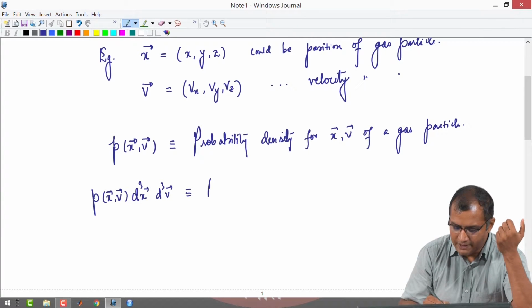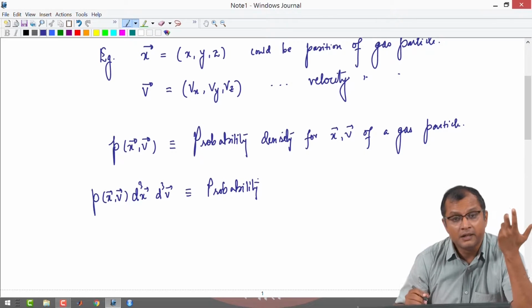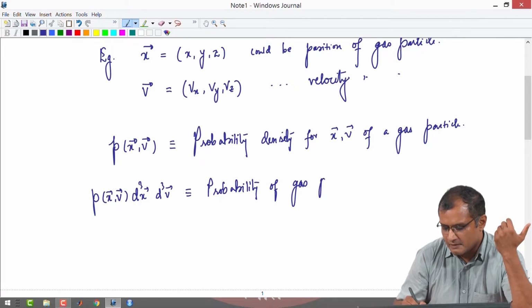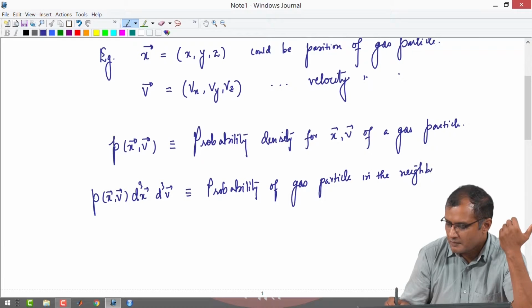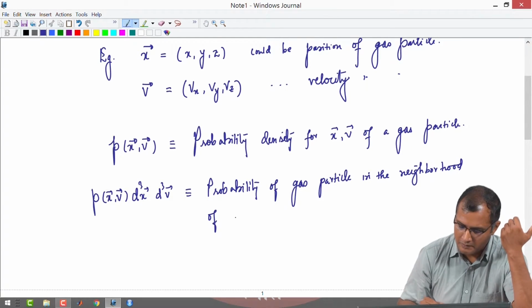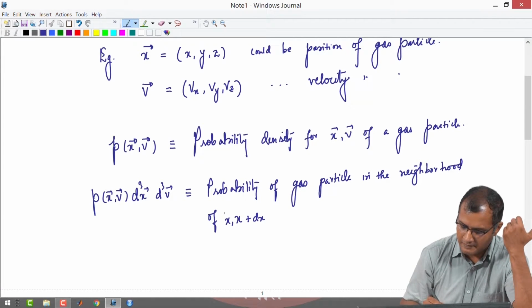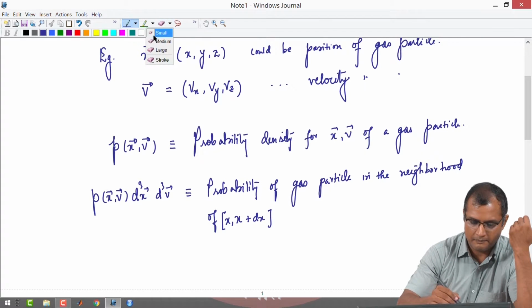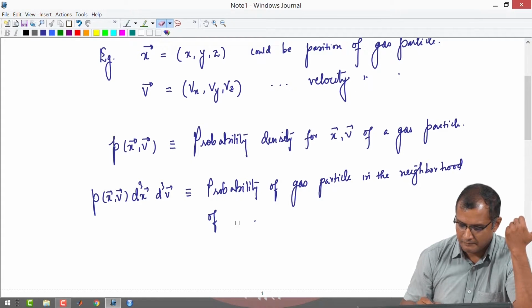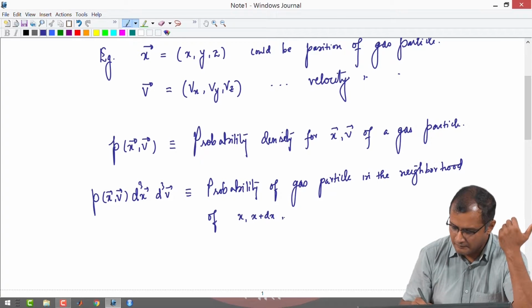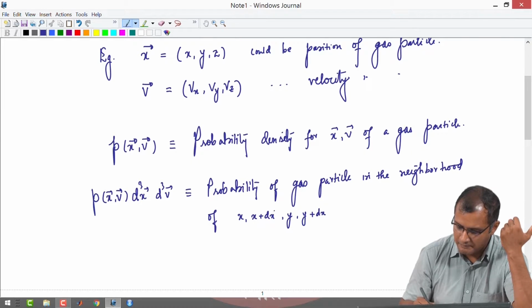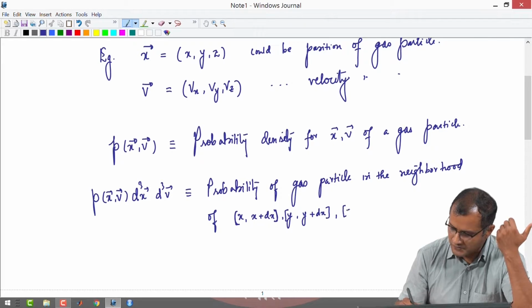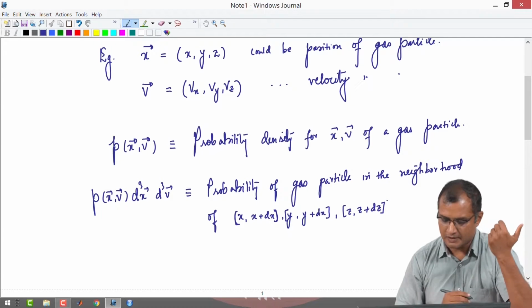So this will give you the probability of finding a gas particle in the neighborhood of x plus dx, y plus dy, z plus dz, and the velocities.